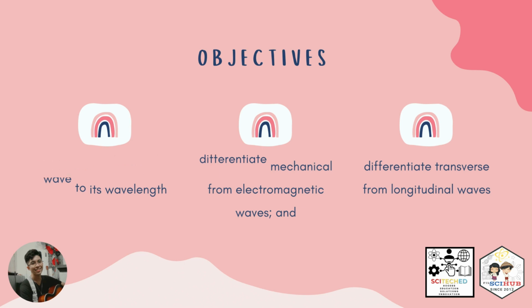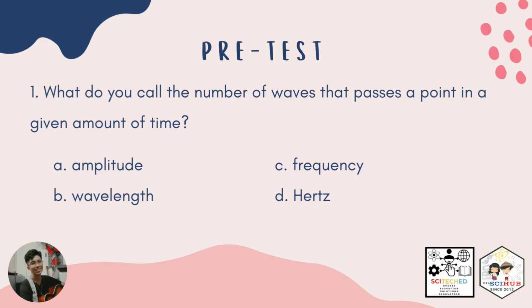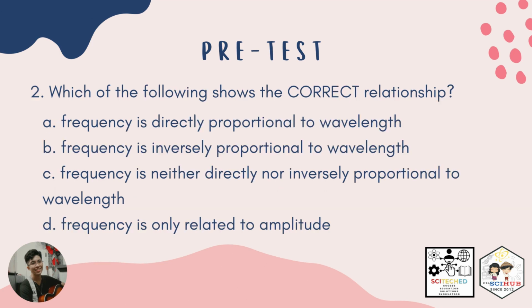Alright? Number 1. What do you call the number of waves that pass a point in a given amount of time? A. Amplitude. B. Wavelength. C. Frequency. And D. Hertz. Number 2. Which of the following shows the correct relationship?